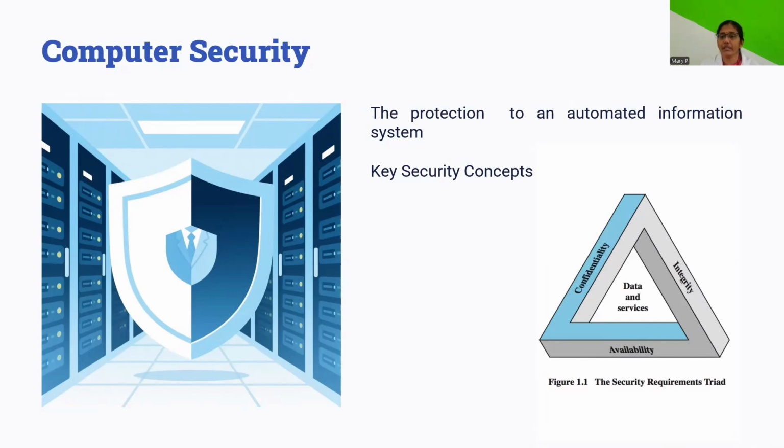That is called integrity. Then the third one is availability. For availability, we provide the resources only to the authorized persons. So these three are the major key security concepts: confidentiality, integrity, and availability.